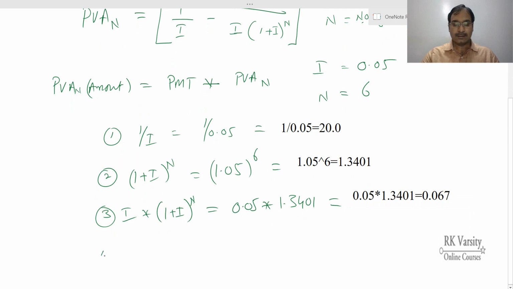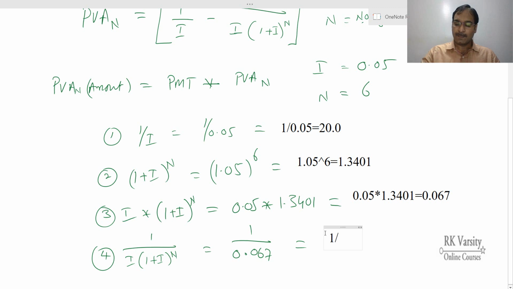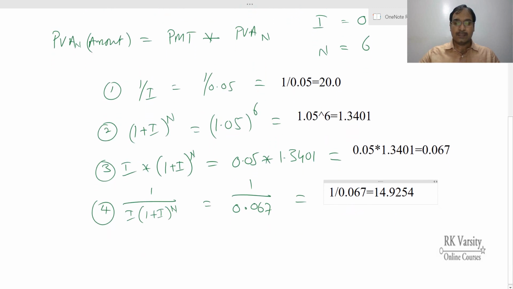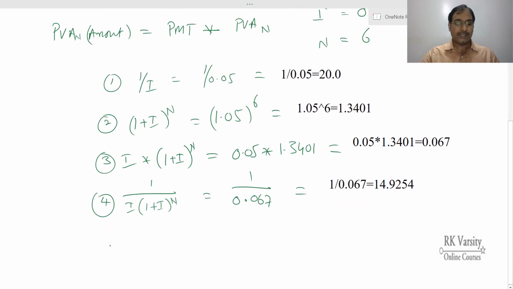Then the fourth step, 1 by I times (1 plus I) to the power of N, so this equals 1 upon 0.067, so this is 14.9254. Now we'll do the final step.